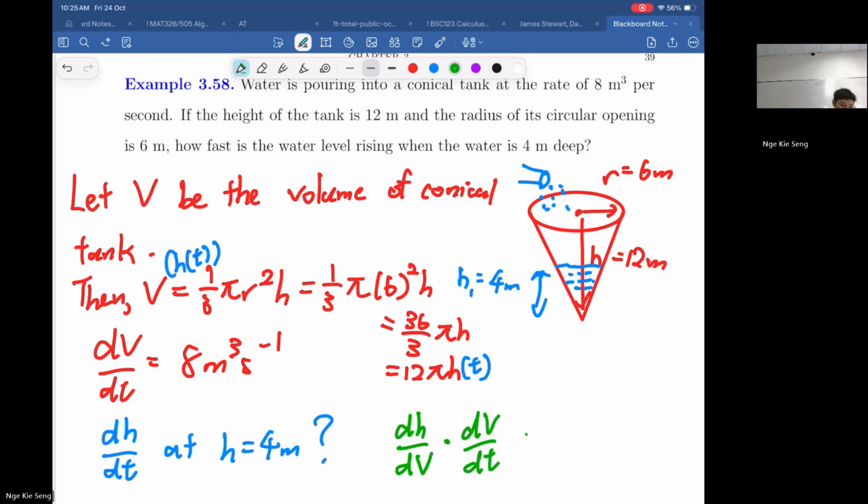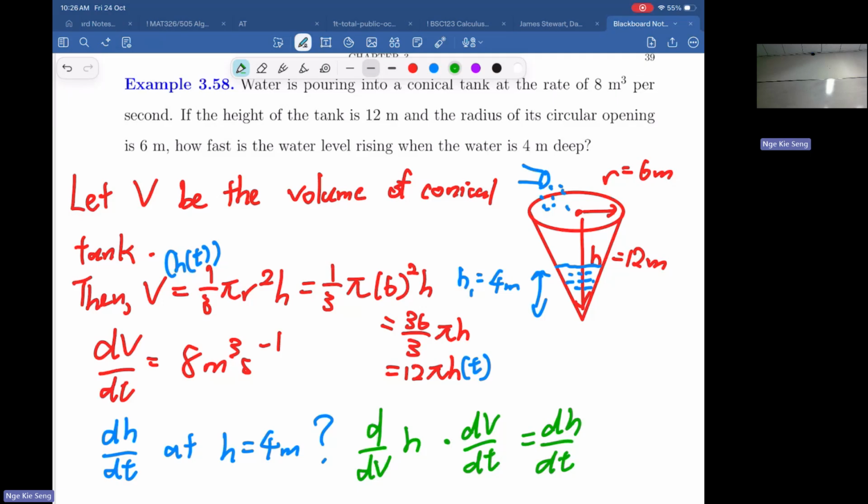What's this? This is dh over dt. Not quite right. You know what this suggests? This suggests that h is in terms of v. Do we write v in terms of h, or h in terms of v? Which way do we write our v? Sorry, we write v in terms of h.